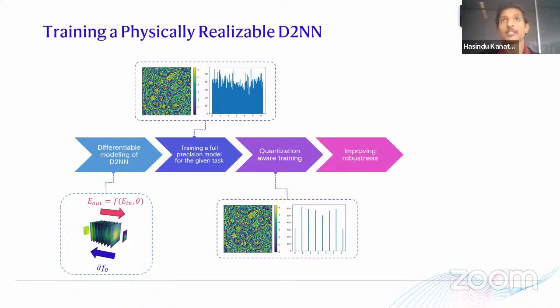Then we also have to improve the robustness to noise and other artifacts. And finally, we can do the fabrication. I'll be mostly talking about this quantization aware training, which is the main focus of this project. From this point onwards, I'll be mostly talking about that.